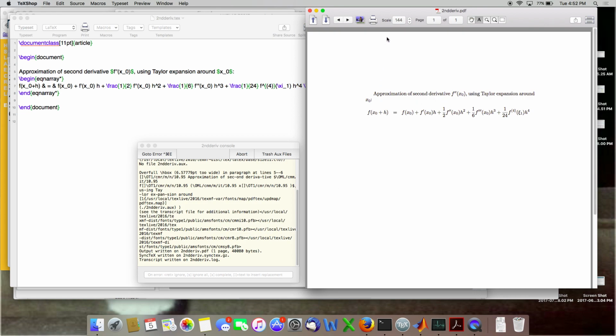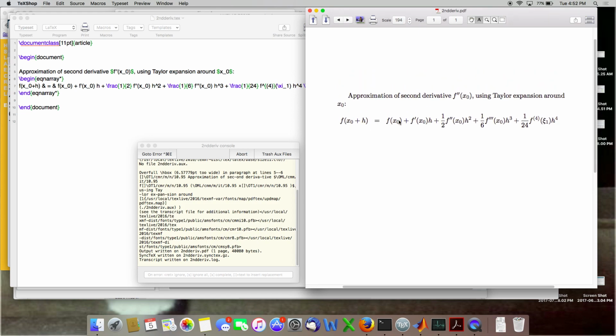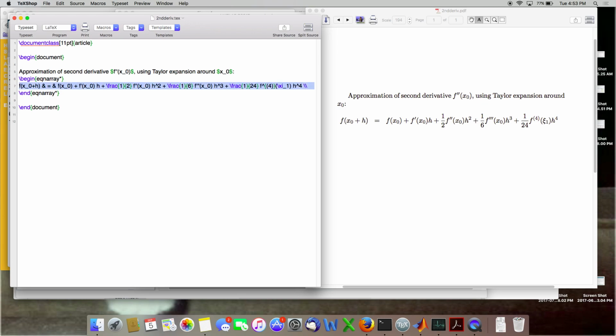And I'll magnify this. So here we have my Taylor expansion. It's a good idea when learning this to see, here's your output, here's what I typed in. You can see how one corresponds to the other to learn how to generate certain expressions. And now I want to do the same thing with f of x naught minus h. So I just need to replace h by minus h throughout.